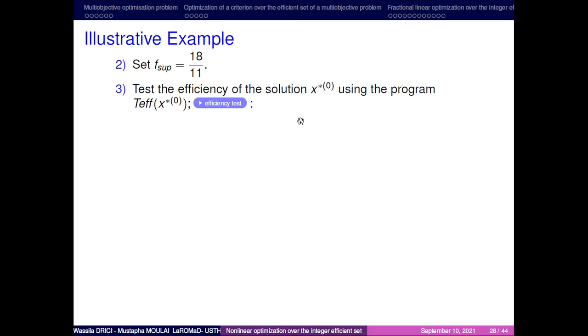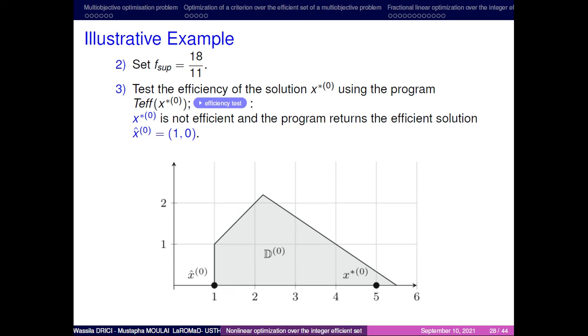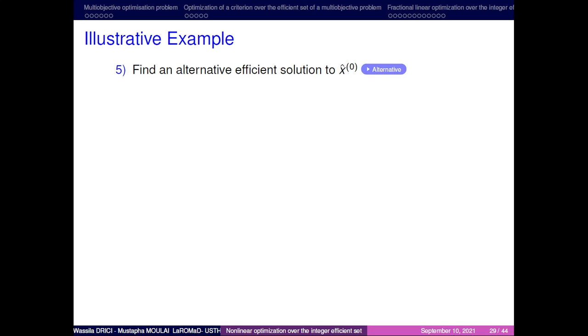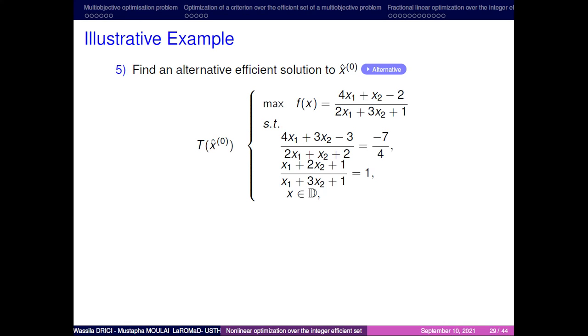We test the efficiency of the solution x star 0 using the program T(x star 0). The solution is not efficient, and the program returns an efficient solution x hat 0 equal to (1, 0). In the upcoming step, we search for another alternative efficient solution with a better outcome of f by solving the following program. Here minus 7 quarters and 1 are the values of z1 and z2 at the point (1, 0).